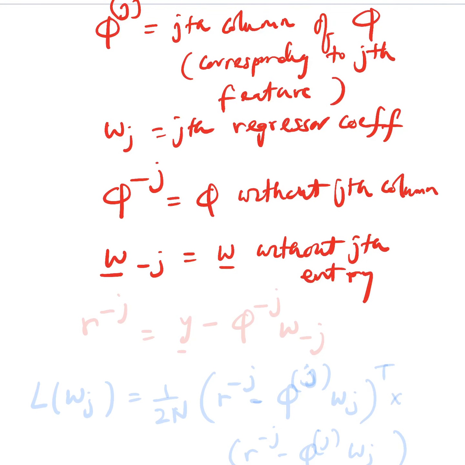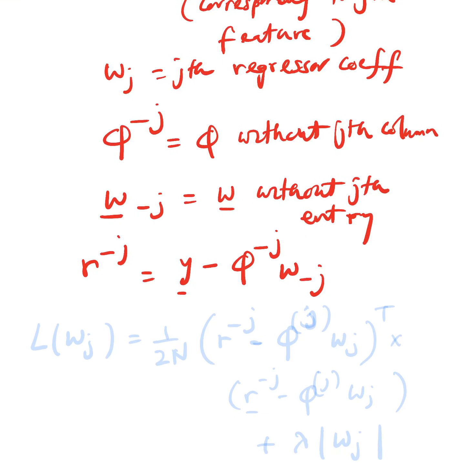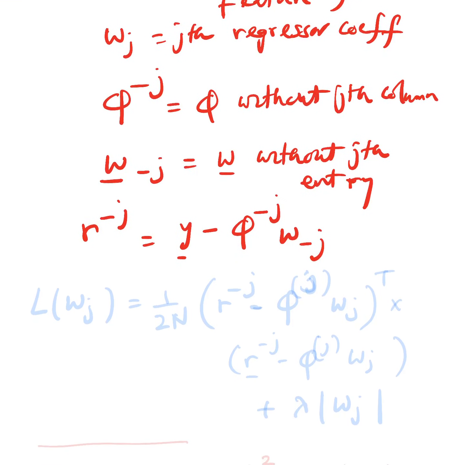And then r of minus j is the targets over all the examples of what you do without the jth feature, right? So that's what we have, and so this is completely general now.